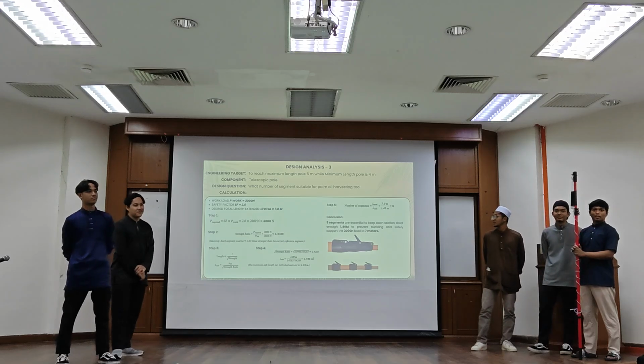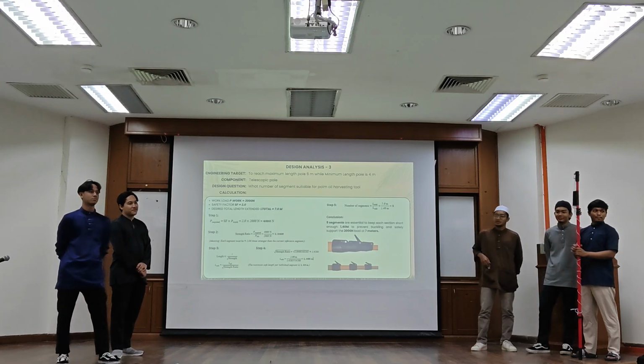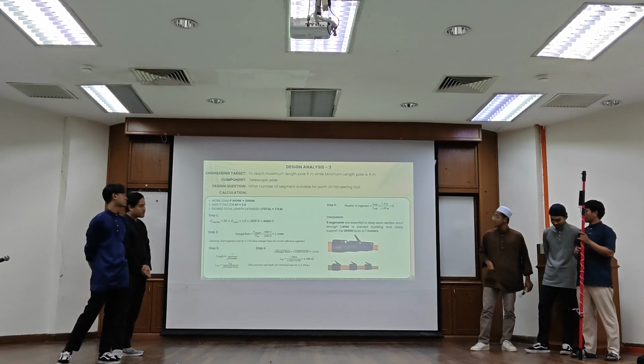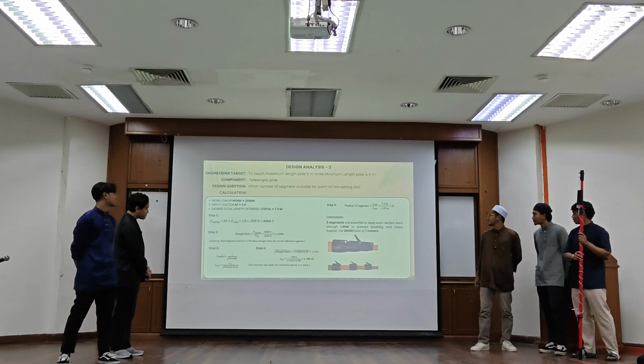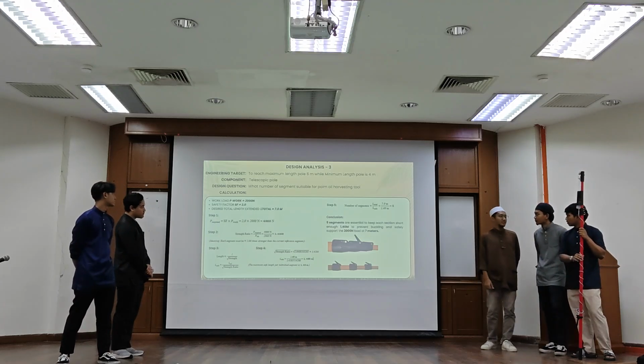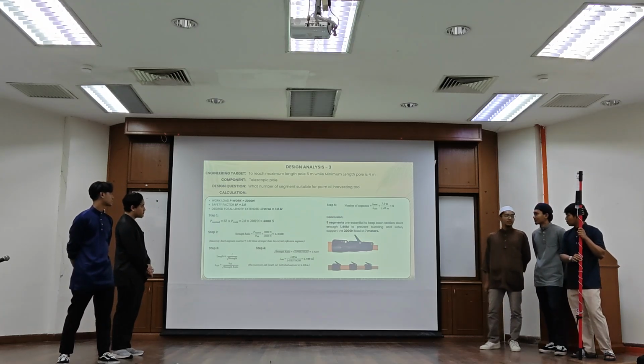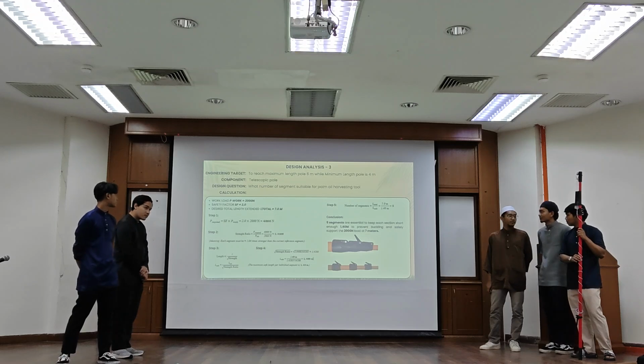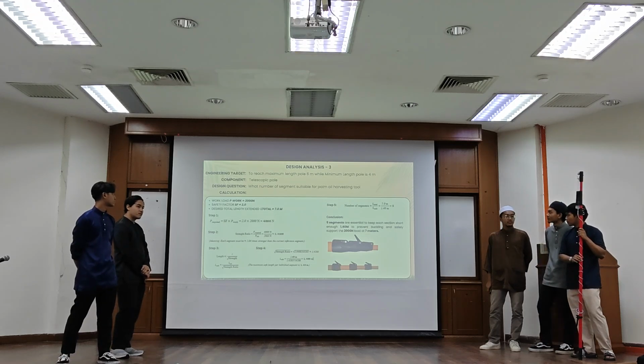Alright? Last question. How do you relate the number of segments with the range of 4 to 6 meters? How do you prove the number of segments can be justified with the length?